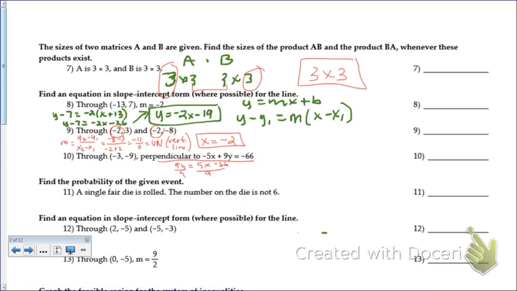So my slope is 5/9, but I want the one that's perpendicular. So the perpendicular slope is the opposite reciprocal, so negative 9/5. And now I would take my new slope and my point and put it in point-slope form. And then solve for y to have it in slope-intercept form.